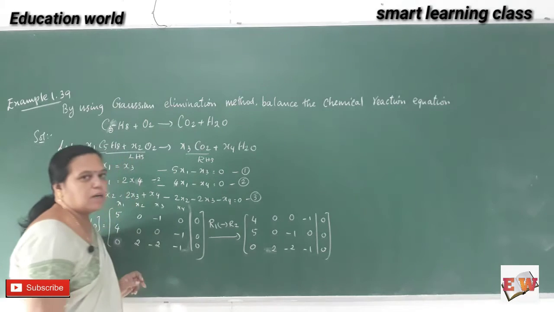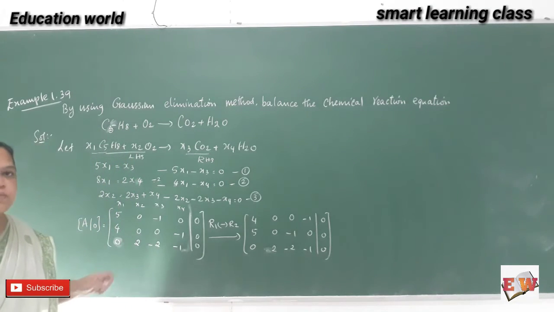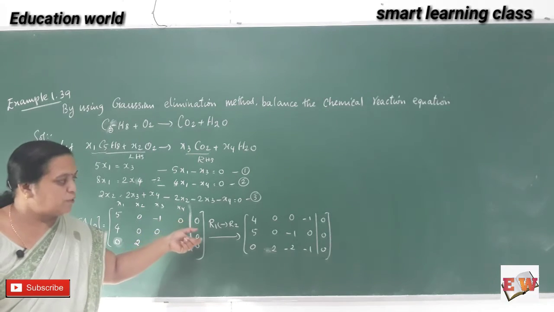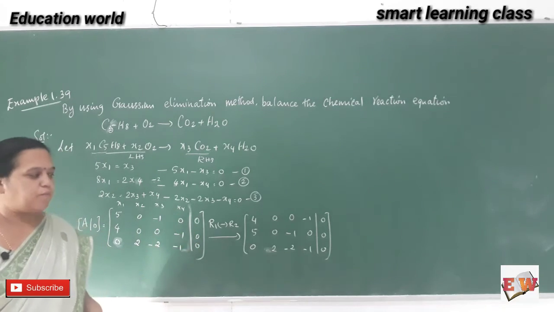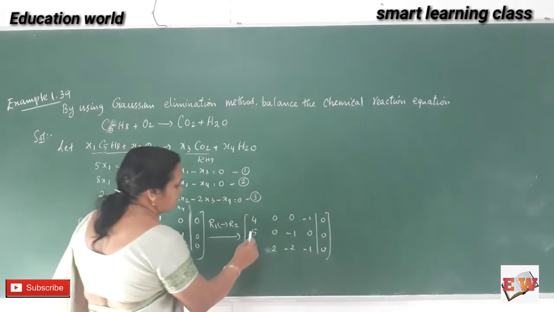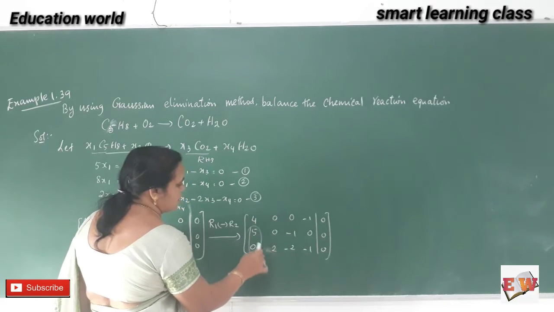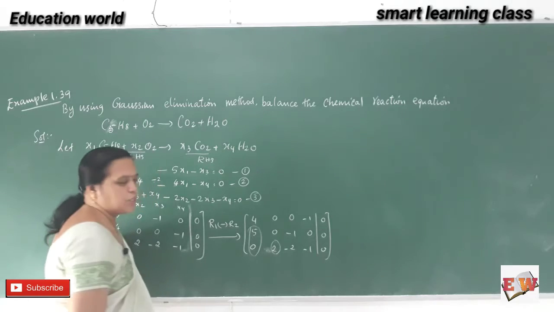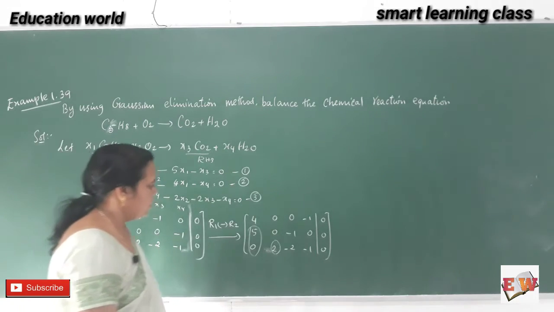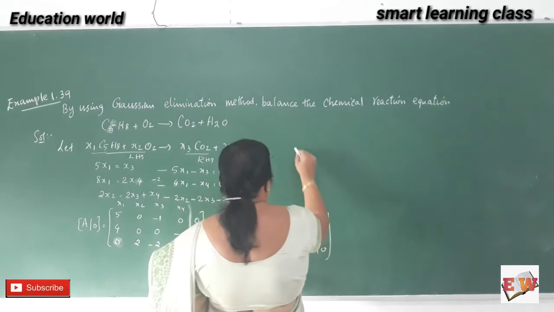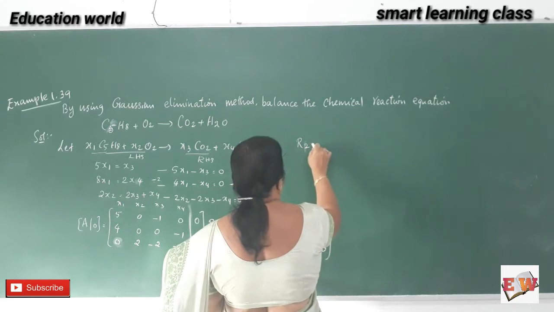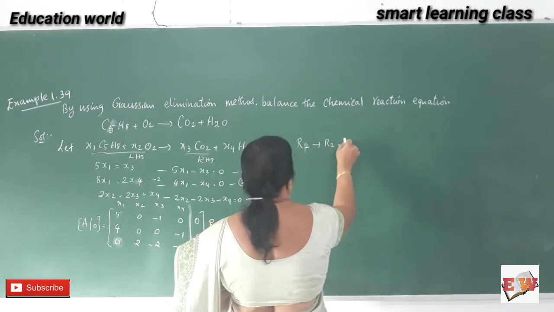By using Gaussian elimination method means we have to reduce this into row echelon form. What is that row echelon form? These two entries and this entry should become 0. Okay.